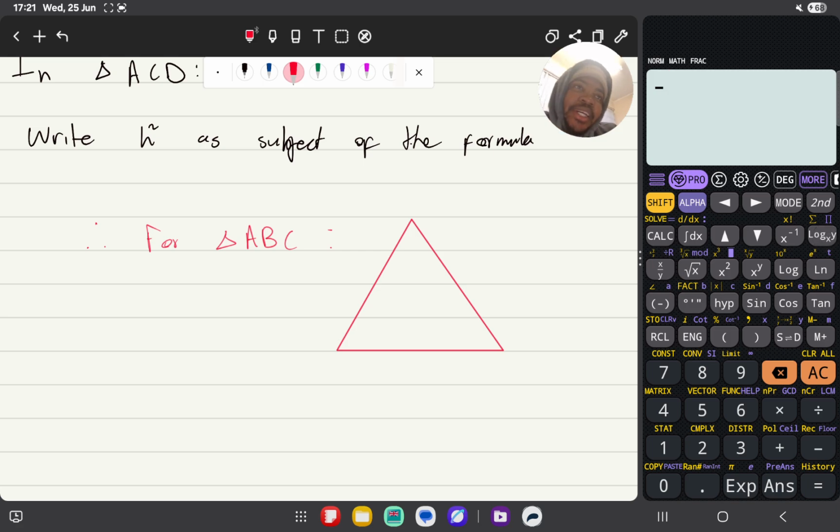But of course for an equilateral triangle all sides are equal, so you don't need that.